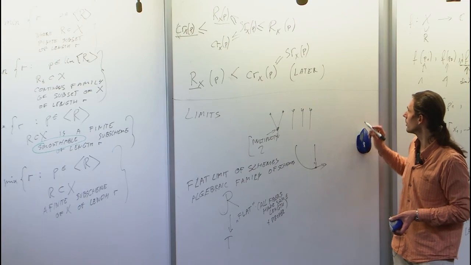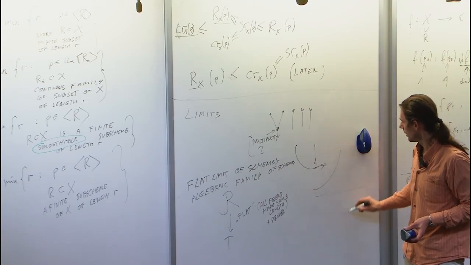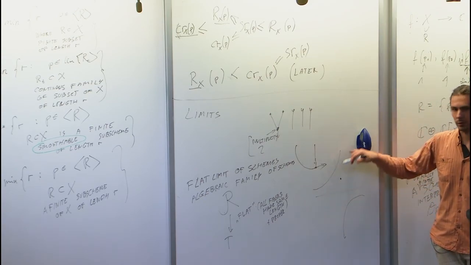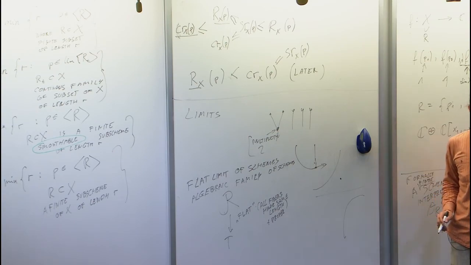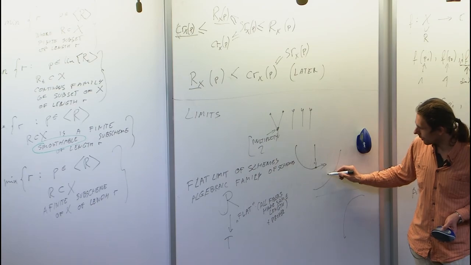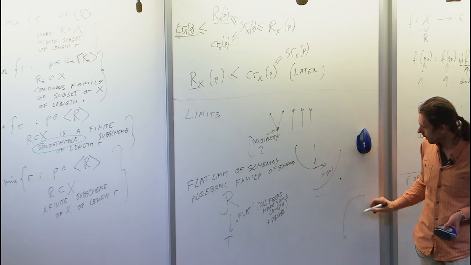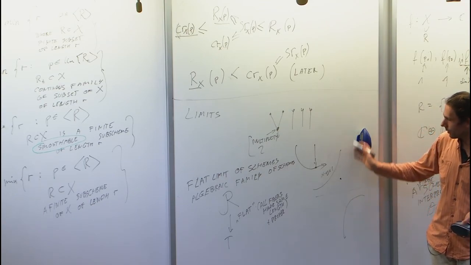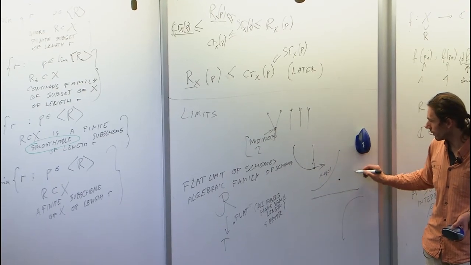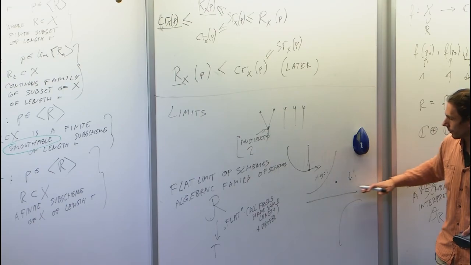So I don't want to consider a family like this. This is not a nice family, although you can define it algebraically, right? Because this part is just x times y equals 1. This is some other point, whatever it is, and then I would consider the projection onto the base.